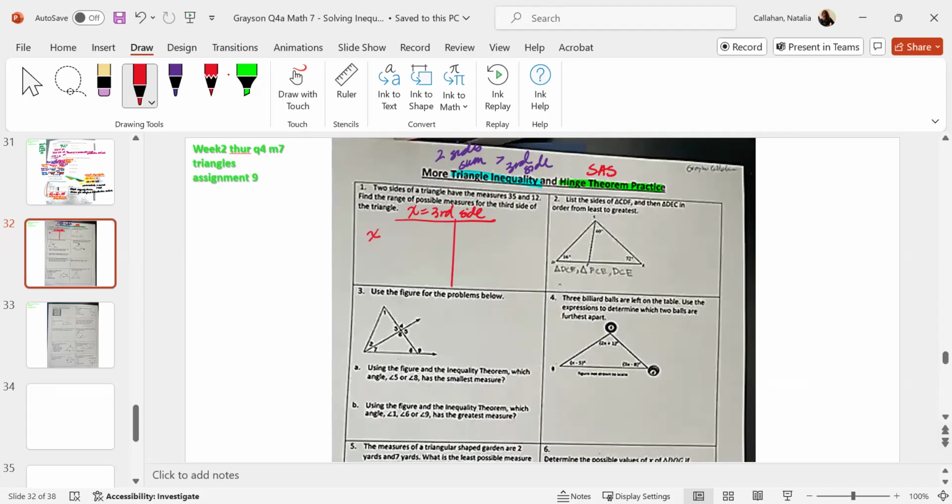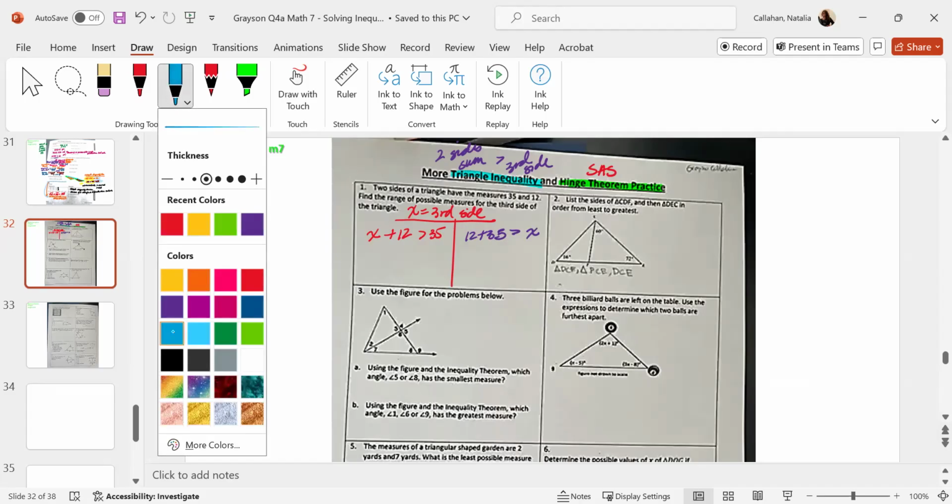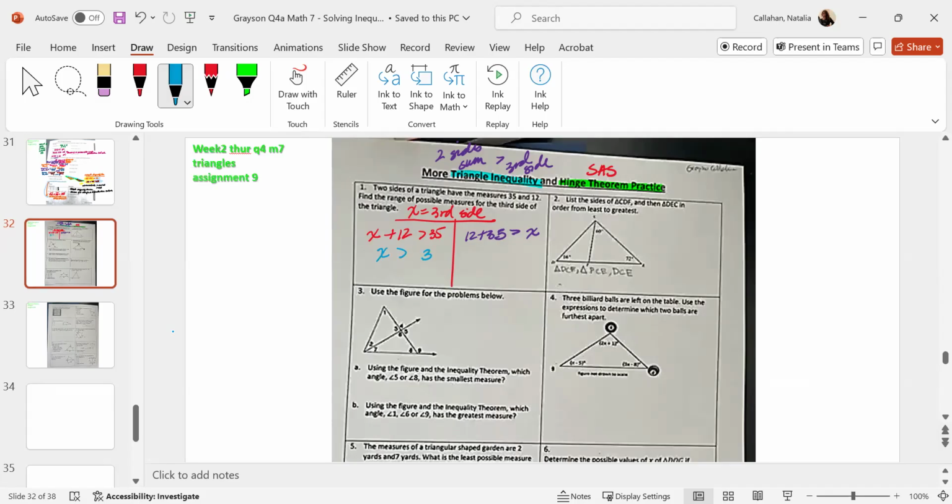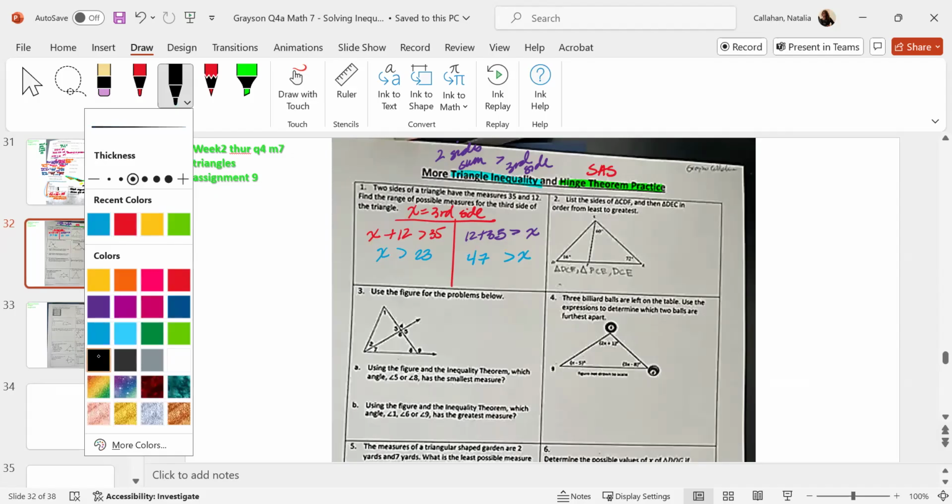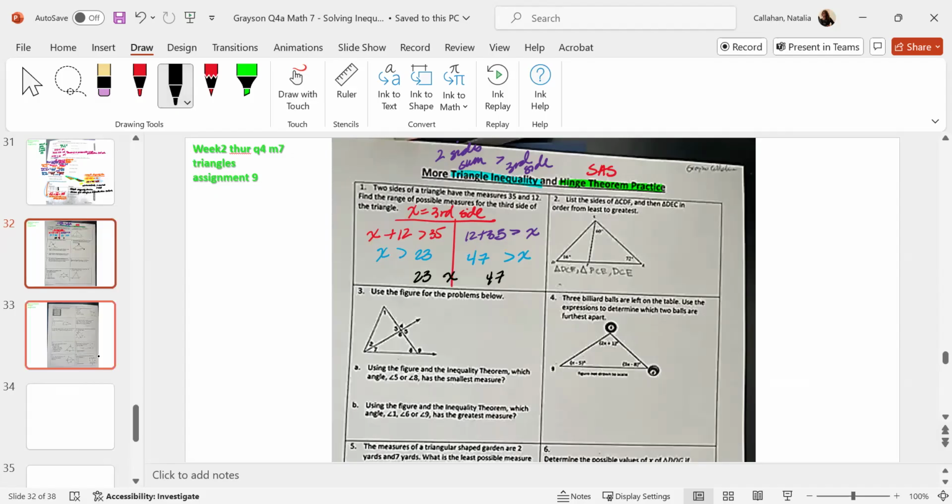So if X is a smaller side, then X plus 12 is greater than 35. That's your first inequality, right? But if X is the biggest side, then 12 plus 35 has to be bigger than X. Now solve for X. 23 is less than X. Did you write that down?